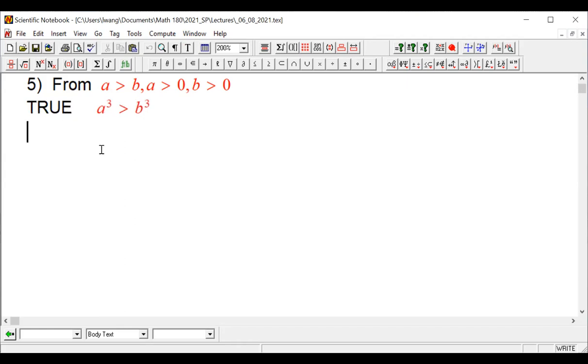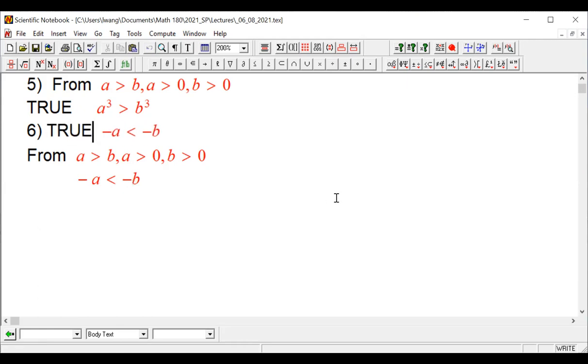Okay, so under that circumstance, number 6. The statement is saying negative a is less than negative b. Is that true? It's still from the same circumstances. If you multiply both sides by negative 1, you will switch the direction, so number 6 is true as well.